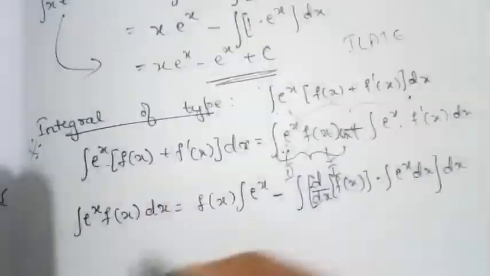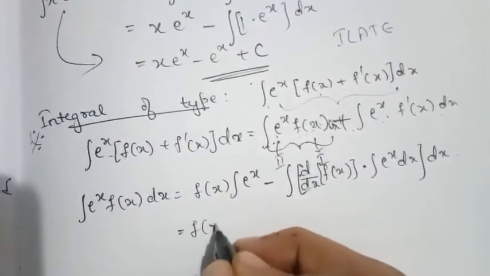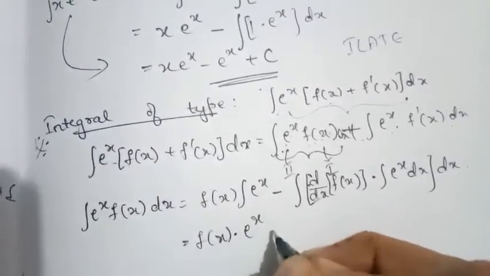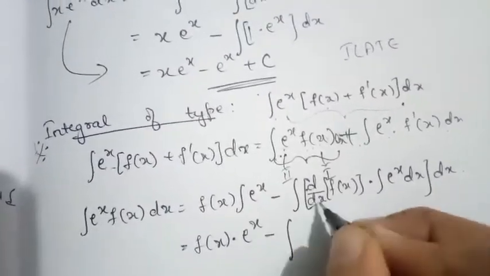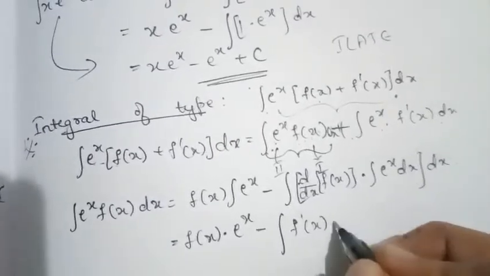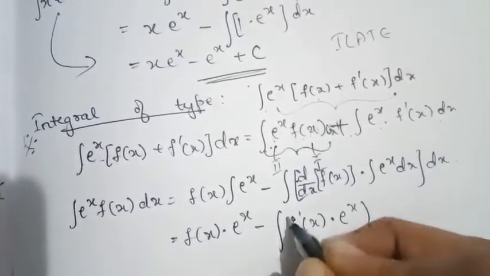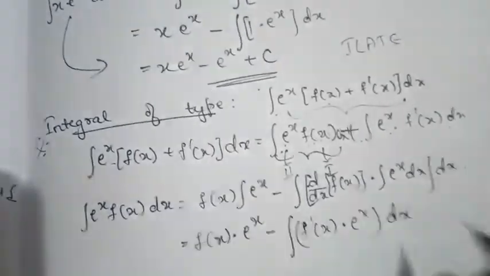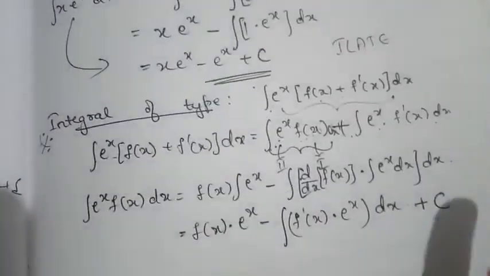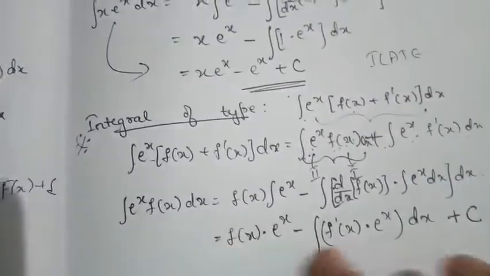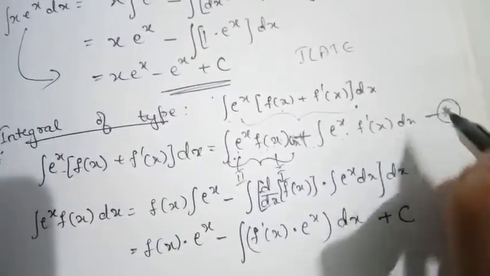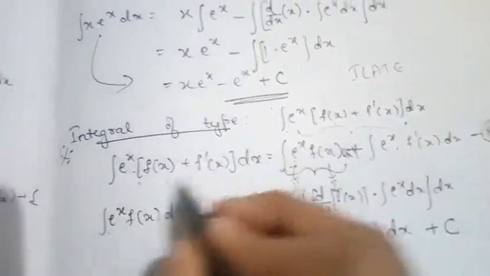So this is f of x into e power x itself, minus integration of f dash of x into e power x dx, plus c. I am keeping this as it is. Now substitute this value in the above equation. Suppose I call this one star. Now what is the value of this one?